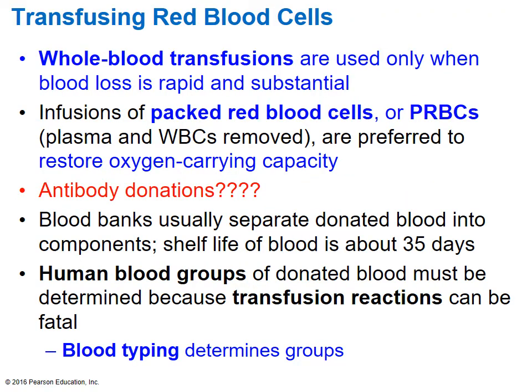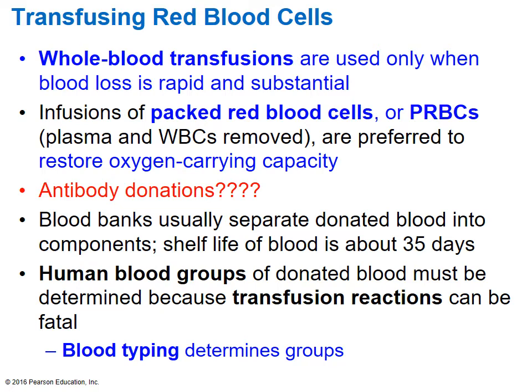Now, can we just go ahead and give blood just from one person to the next? Unfortunately, it turns out no, because in humans, we have different blood typing mechanisms, and this is determined from a genetic standpoint. So that means that your father and your mother's contribution in their egg and their sperm will determine your genetic blood type, and we're going to talk about it in a little bit.